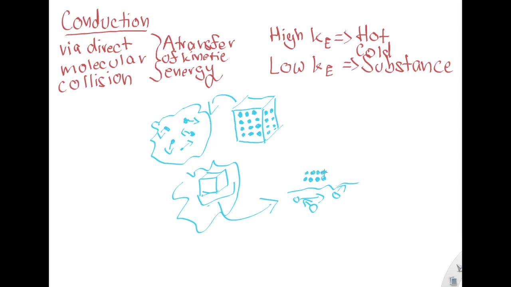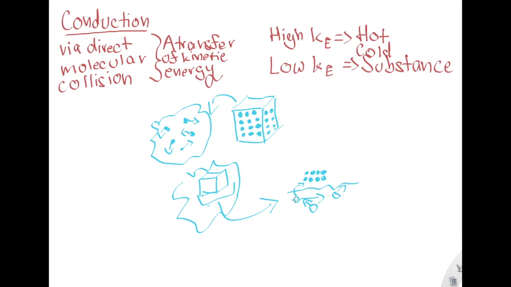So what's going to happen is that these molecules are going to eventually bump. This is going to bump into one of these molecules over here, and they're going to transfer kinetic energy. A transfer of kinetic energy directly correlates to a transfer of temperature. If we have more kinetic energy, we get hot.